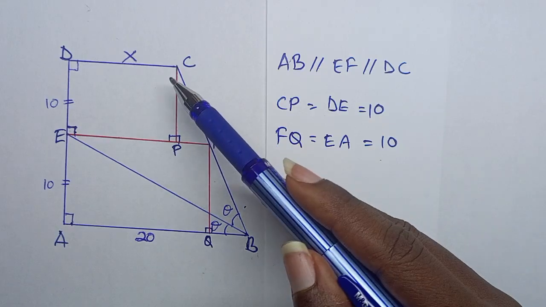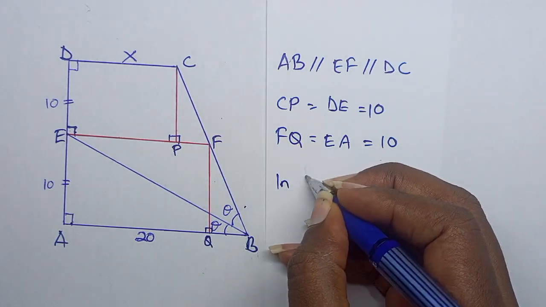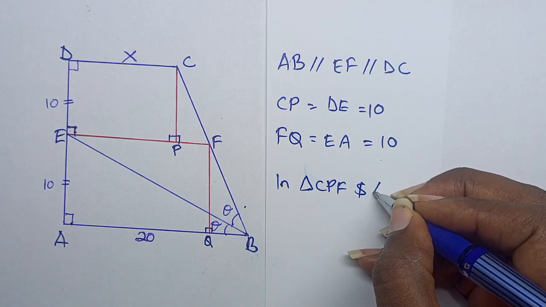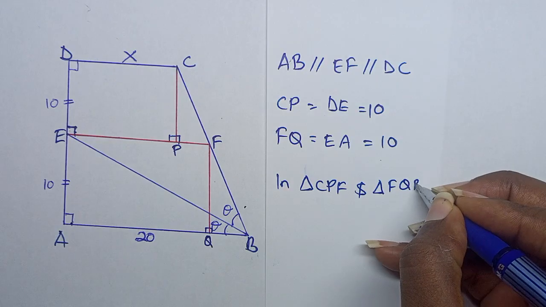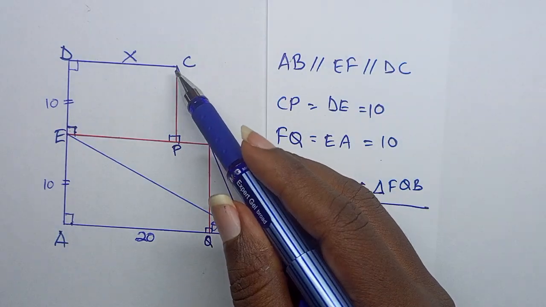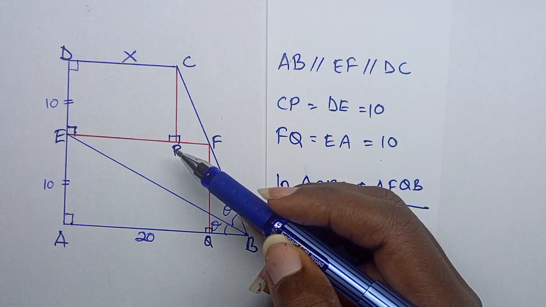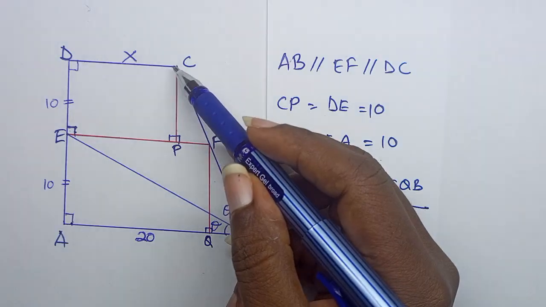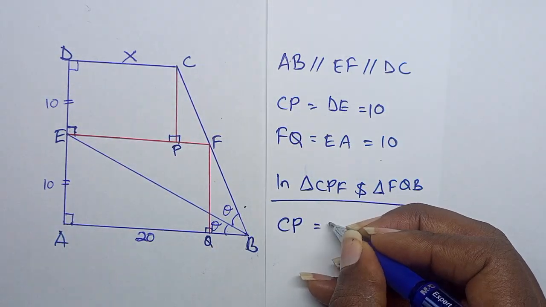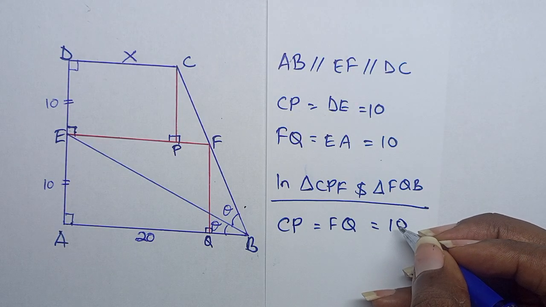Now, focusing on these two triangles, CPF and FQB, triangle CPF and triangle FQB, we can see that CP is equal to FQ because this is 10, also this is 10. CP is equal to FQ, which is 10.